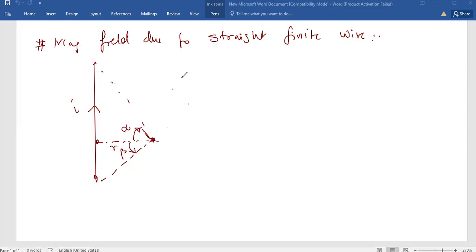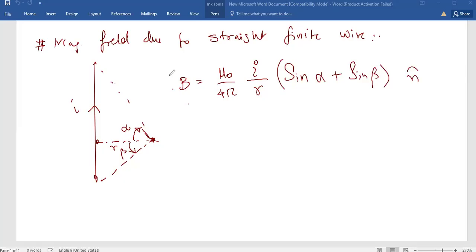Magnetic field at this point will be given by mu naught by 4 pi. If you do the integration and plug in these values of alpha and beta, we will get mu naught by 4 pi, I by R, sine alpha plus sine beta, n cap. What is n cap? N cap is the unit vector along the direction of the resultant magnetic field, sir. So can you tell me what you think? What will be the direction of magnetic field here?